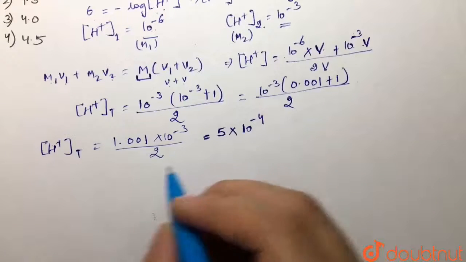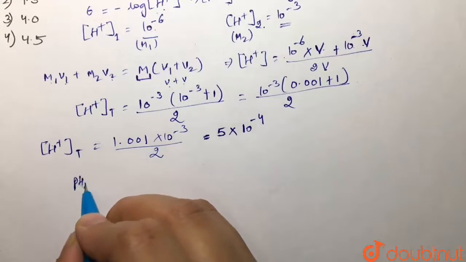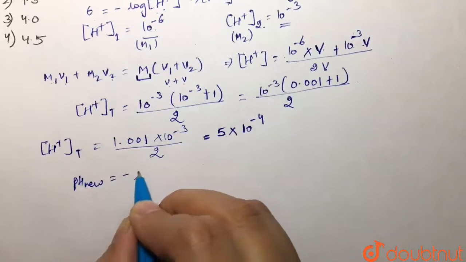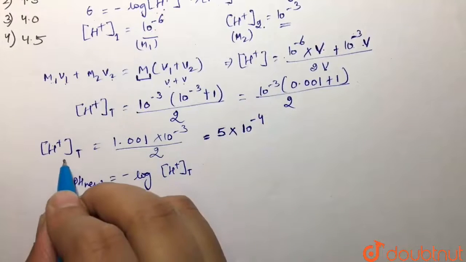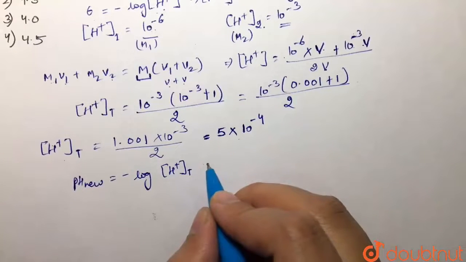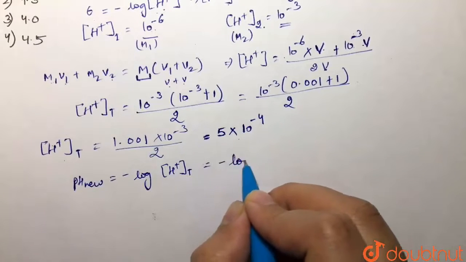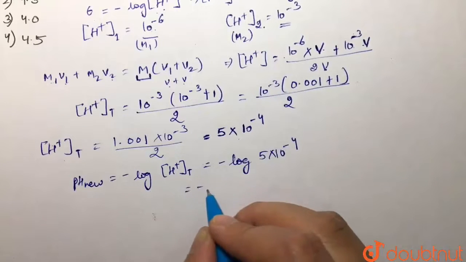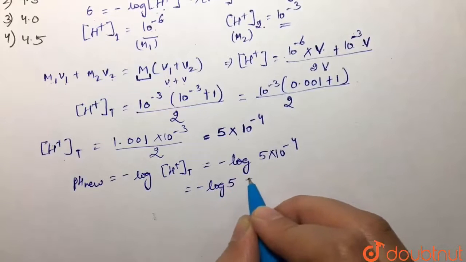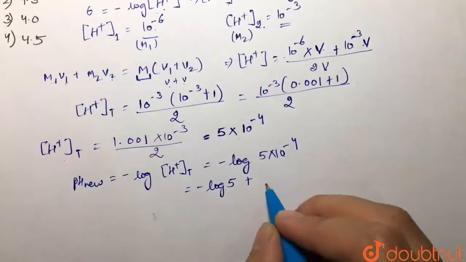Now we are going to find the pH of our new solution. That would be equal to minus log of the total H positive ion concentration that we found, so it is minus log of 5 into 10 raised to power minus 4. This would be equal to minus log 5 plus minus log of 10 raised to power minus 4.